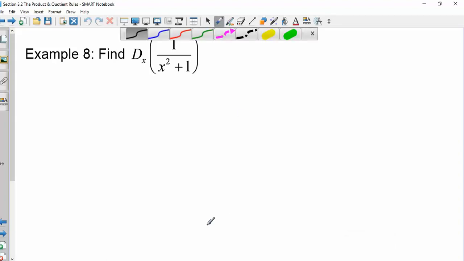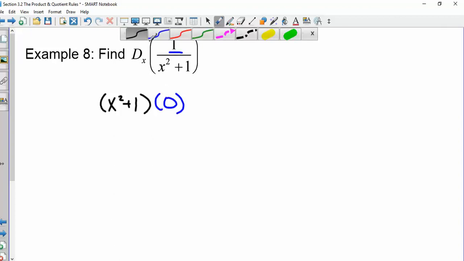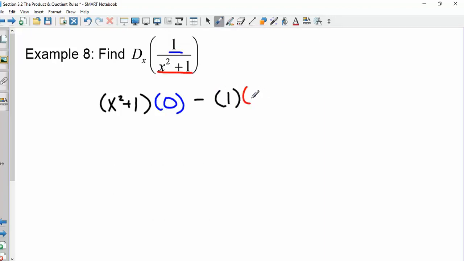Okay, so we have to do the quotient rule here. So quotient rule is low, so the bottom one, x squared plus 1, d high. What is the derivative of the top? 0. Minus high, d low. What is the derivative of the bottom?